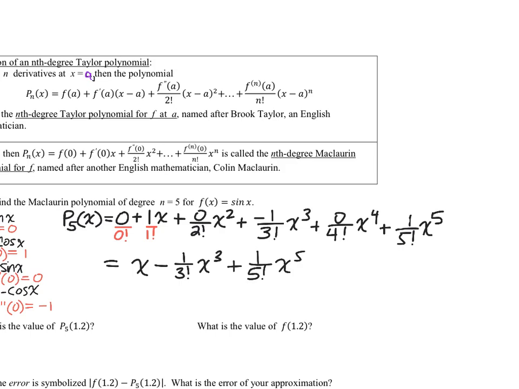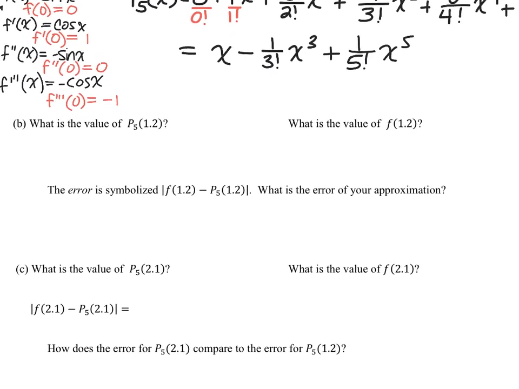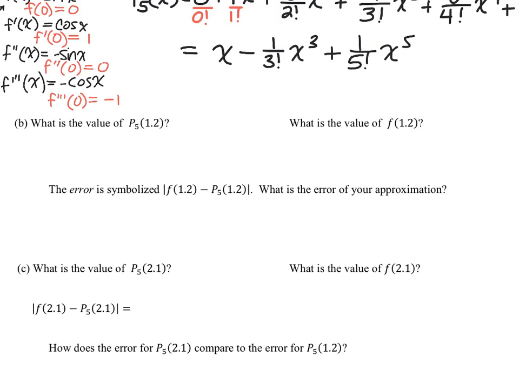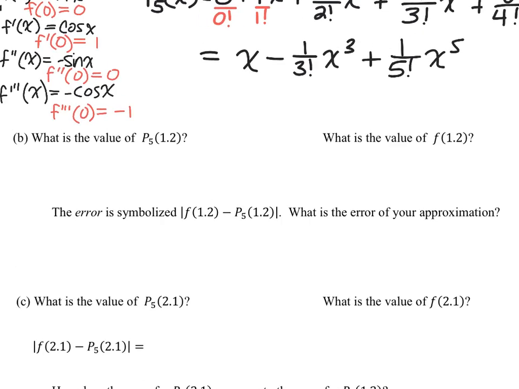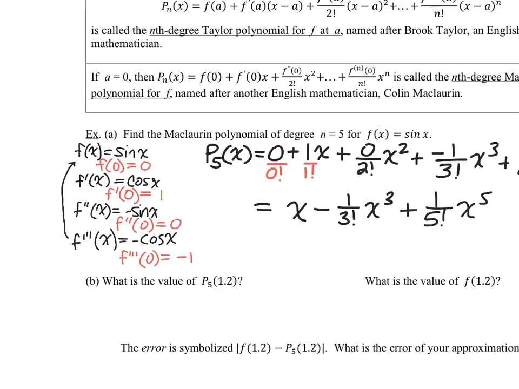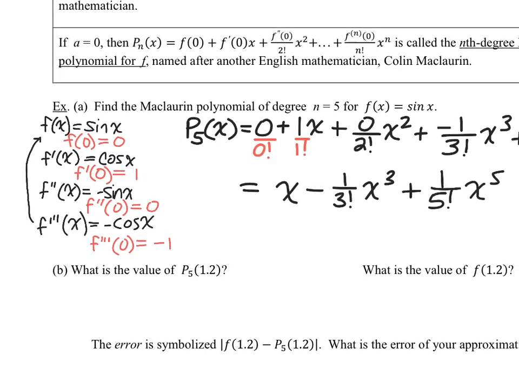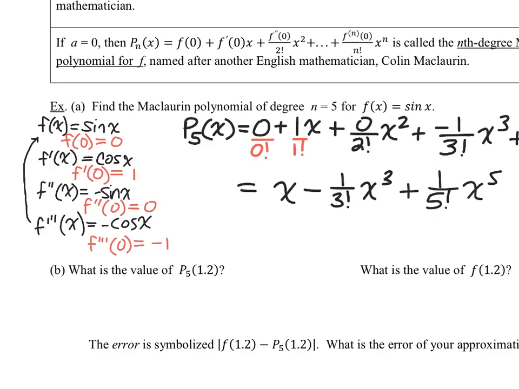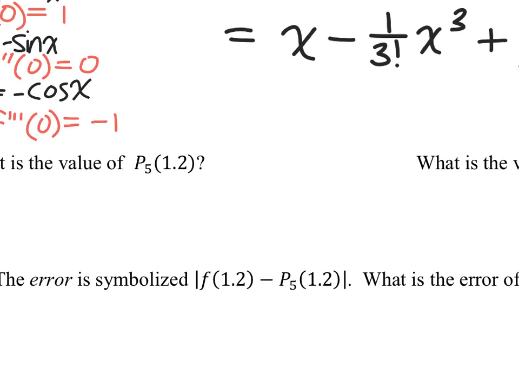It's really just asking us to evaluate some things. So when I'm looking at p sub 5 of 1.2, all I'm going to do in my home screen, because I typed in the polynomial function in y2, is y2 of 1.2.